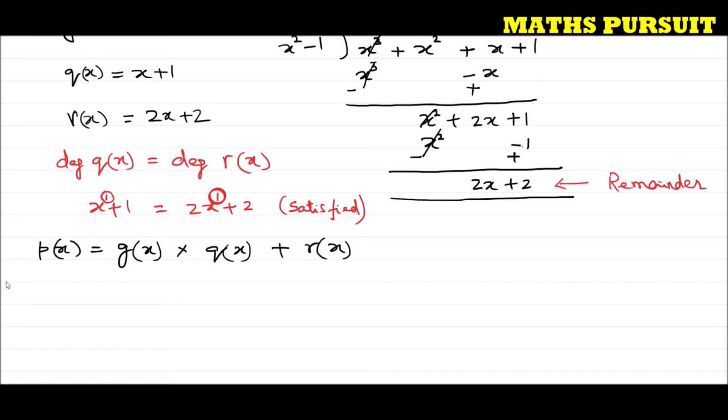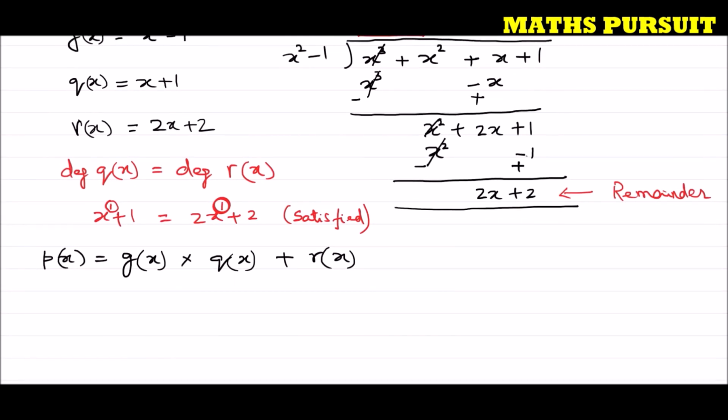So you could see that Px, we considered as x to the power 3 plus x to the power 2 plus x plus 1, is equal to Gx, our divisor, which is x to the power 2 minus 1, into Qx, which we got as x plus 1, plus remainder Rx, which we got as 2x plus 2.